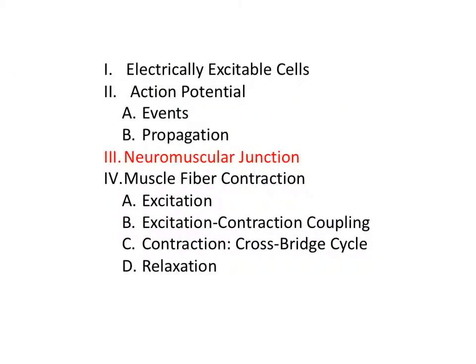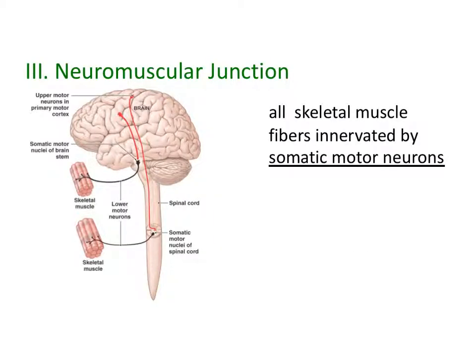Having reviewed the action potential, we're now ready to talk about how we excite a muscle fiber. And this excitation occurs at the neuromuscular junction. All skeletal muscle fibers are innervated or activated by somatic motor neurons. Somatic, soma for body, motor neurons, which are the neurons that go to skeletal muscle.